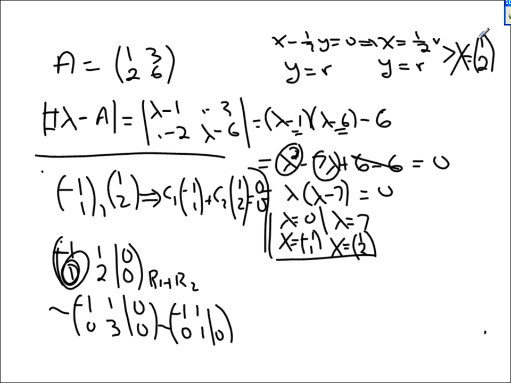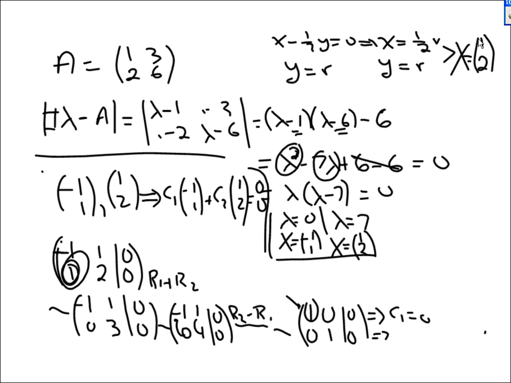And now, if I do row 2 minus row 1, I did that because 0 minus a negative 1 is 1, and 1 minus 1 is 0. If I did it the other way, row 1 minus row 2, I would have a negative 1 here. Okay, 1. Oh, you mean 1C1 is 0, and the second line says C2 is 0?